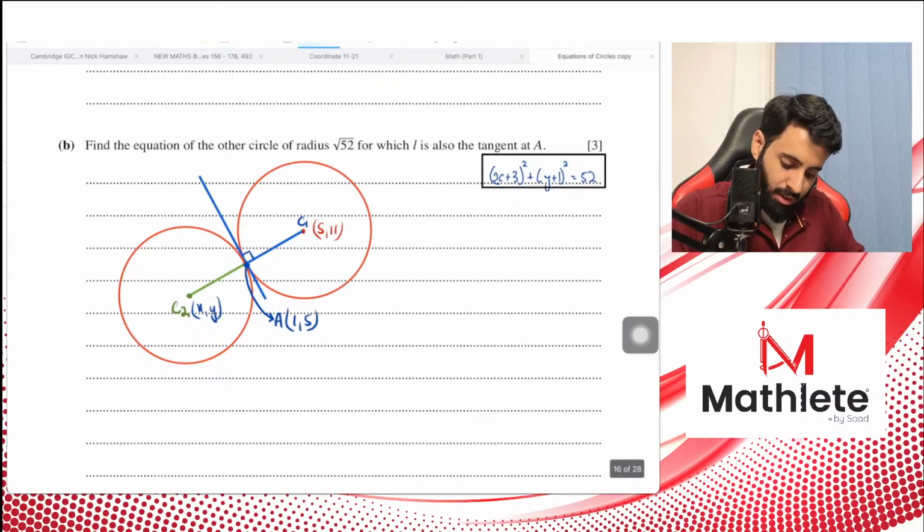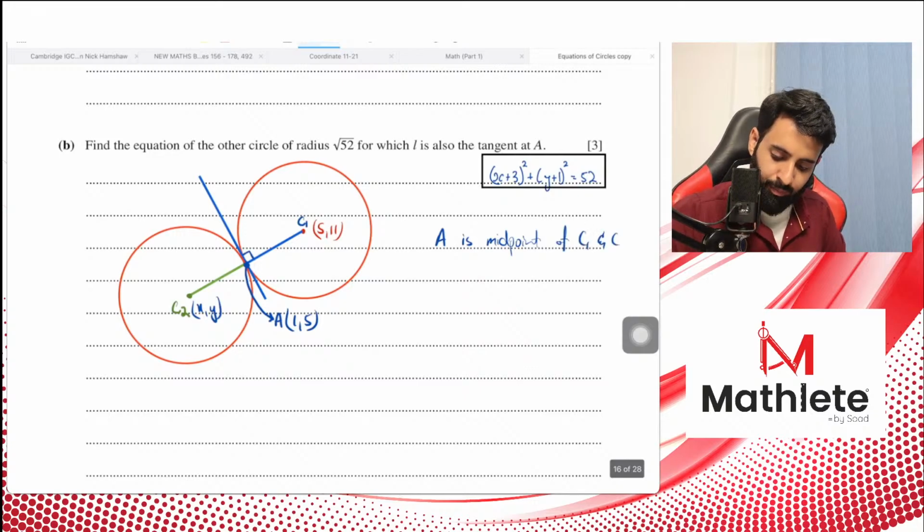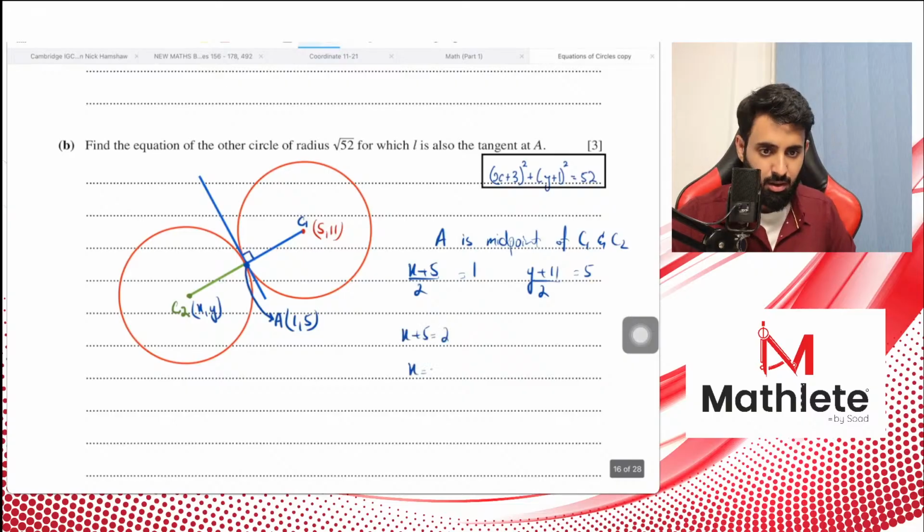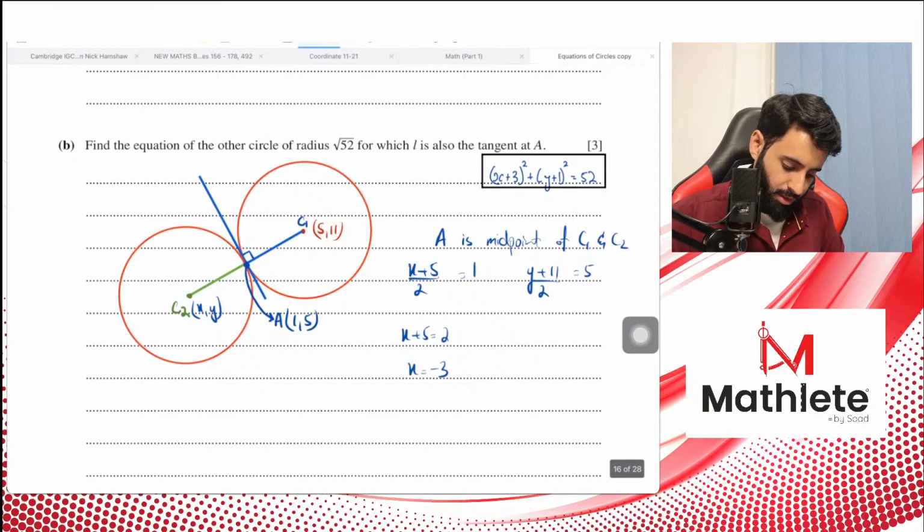A is the midpoint of C1 and C2. So x plus 5 over 2 equals the x coordinate of the midpoint, which is 1, and y plus 11 over 2 equals the y coordinate of the midpoint, which is 5. So x plus 5 equals 2, that means x equals minus 3, and y plus 11 equals 10, which means y equals minus 1.